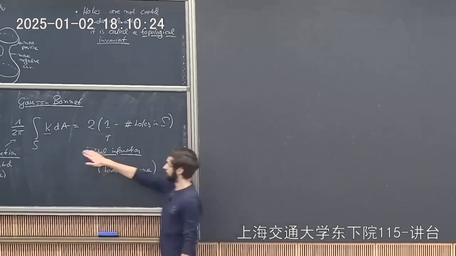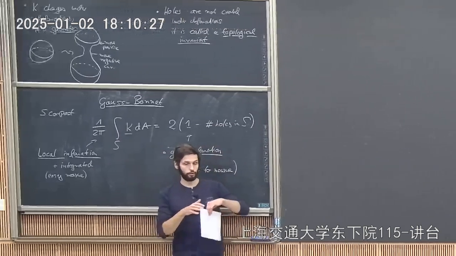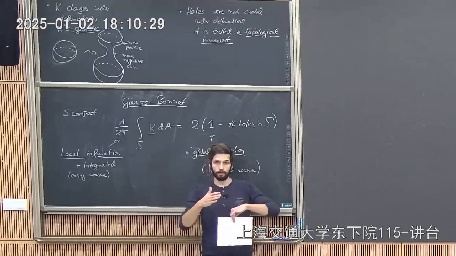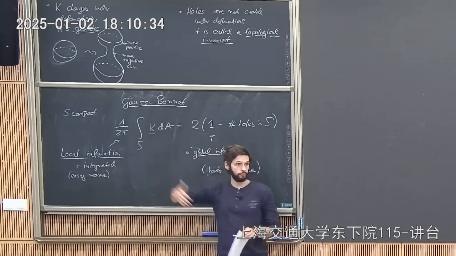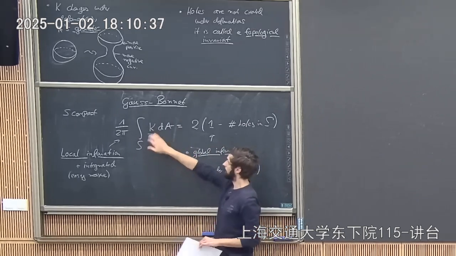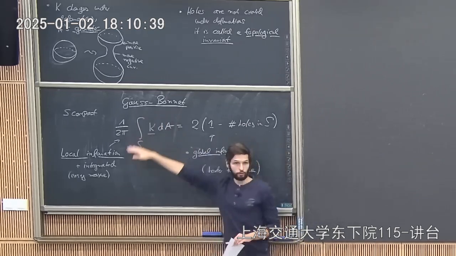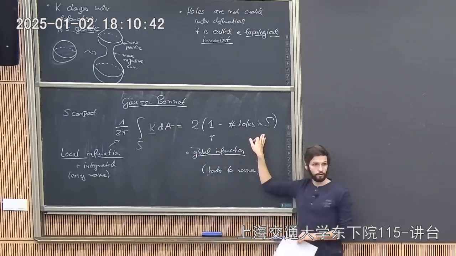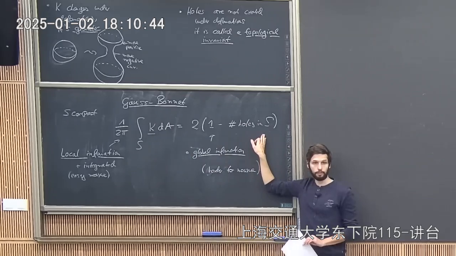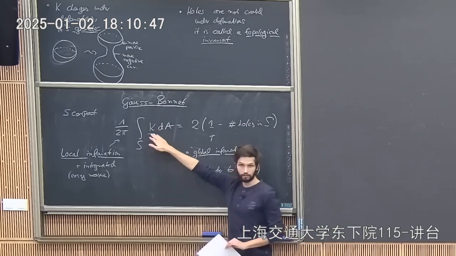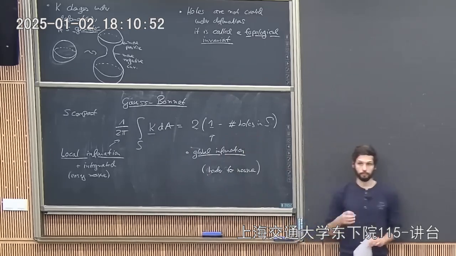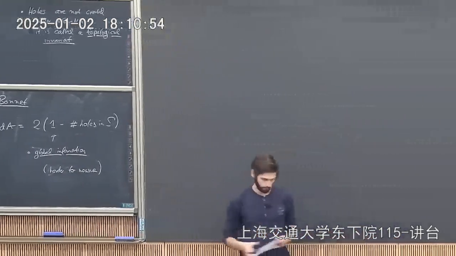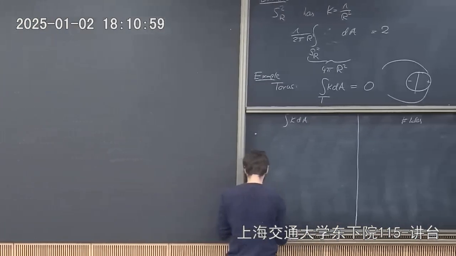K is definitely something continuous. I can change it slightly, it's a continuous function, and it can take values like 1.5 pi and whatever at some points. But for some reason, if you integrate all of that, what you get is an integer. That's quite surprising, right? You have a very continuous function, and just by integrating it, you always get an integer, which is the number of holes. So that's perhaps a little bit surprising.